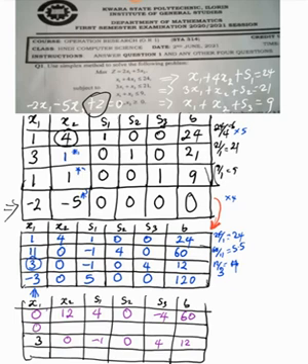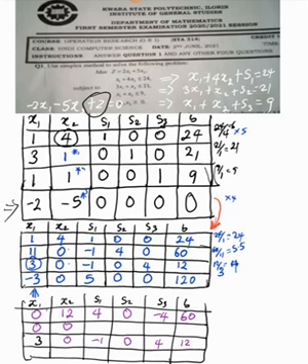0 times 3 is going to be 0, and 0 times 11, we're going to have 0. Subtract, we're going to still have 0. Negative 1 times 3 is equal to negative 3, and negative 1 times 11, that is a negative 11.